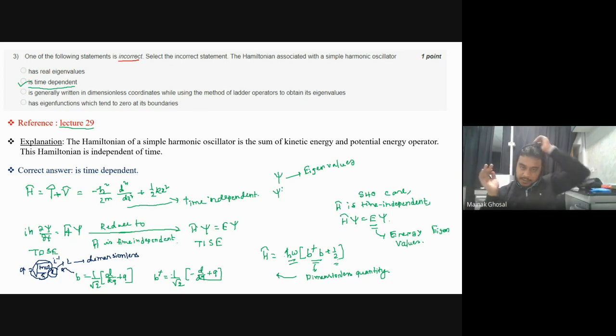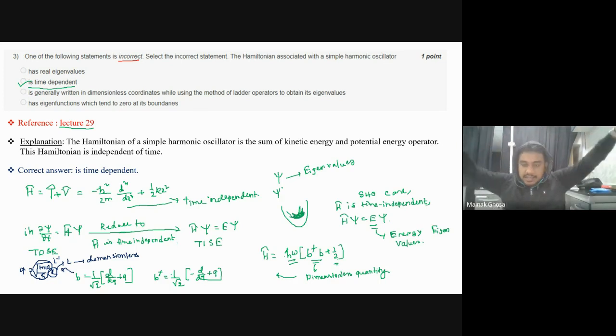You have learned this when you learned the particle in a box. There was a condition that psi will be zero at the boundaries. It is just like a simple harmonic oscillator: you see the particle moving like this, so it is not going outside.